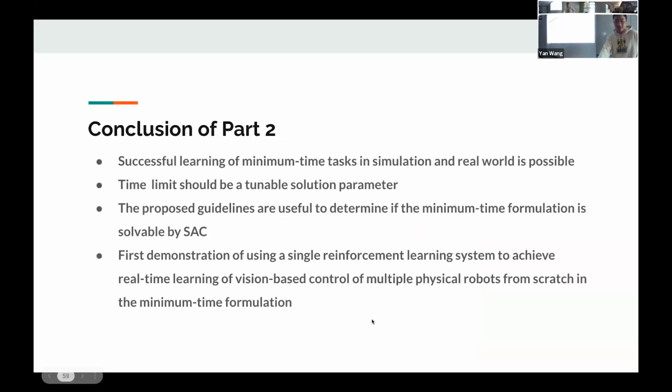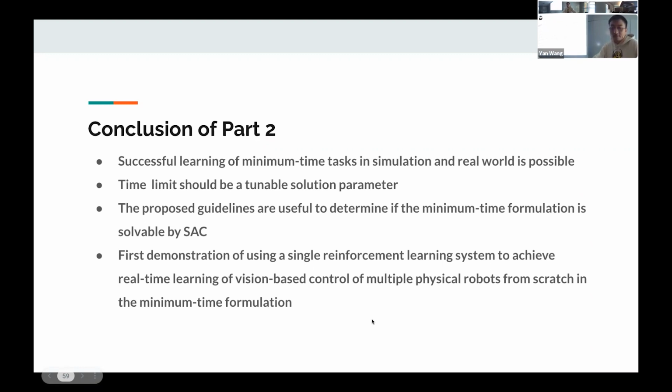So, conclusion. For the second issue, we focus on effectively solving minimum-time tasks with a reward of -1 for each time step. Through an empirical investigation of the performance of SAC on multiple vision-based minimum-time tasks, we identified that an agent could achieve successful learning performance if it reaches the target often enough using its initial policy.